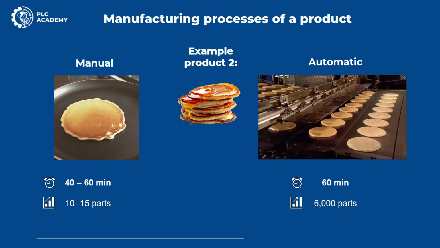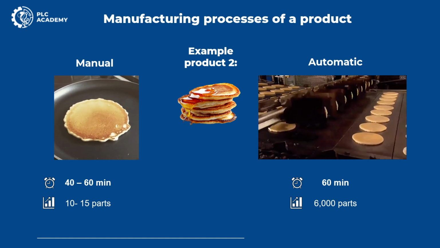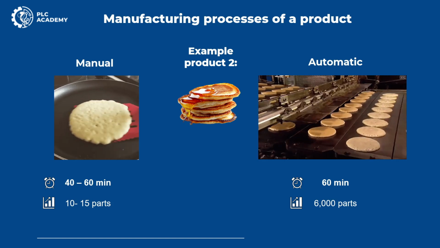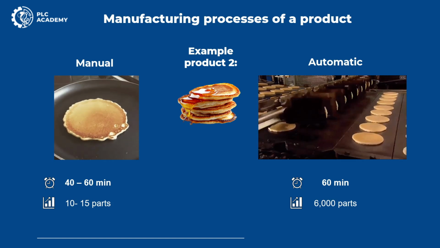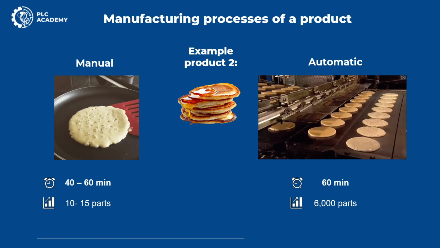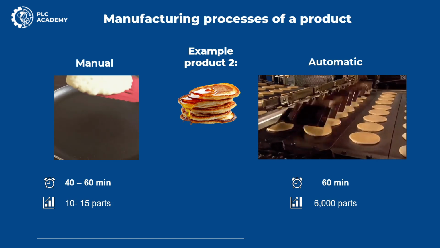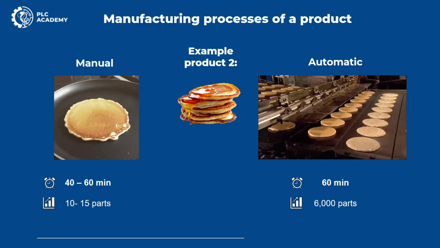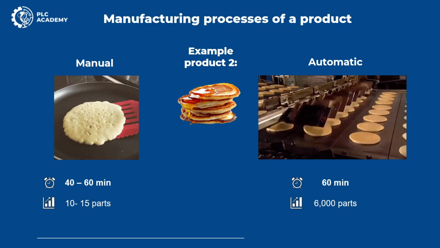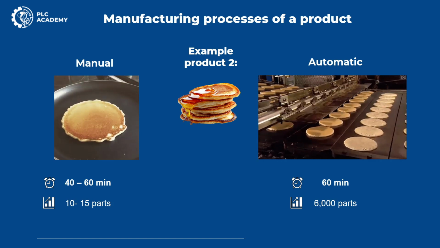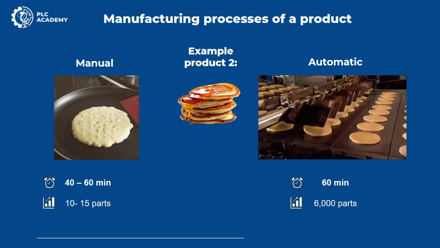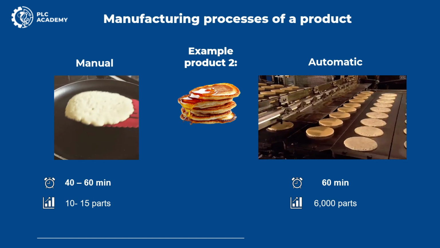In 10 days, I would be able to make 1,500 pieces, which is only a fraction of what this machine can do. In 40 days, I would make the same as this machine makes in 1 hour. This is what companies are looking for. So you guys keep that in mind.